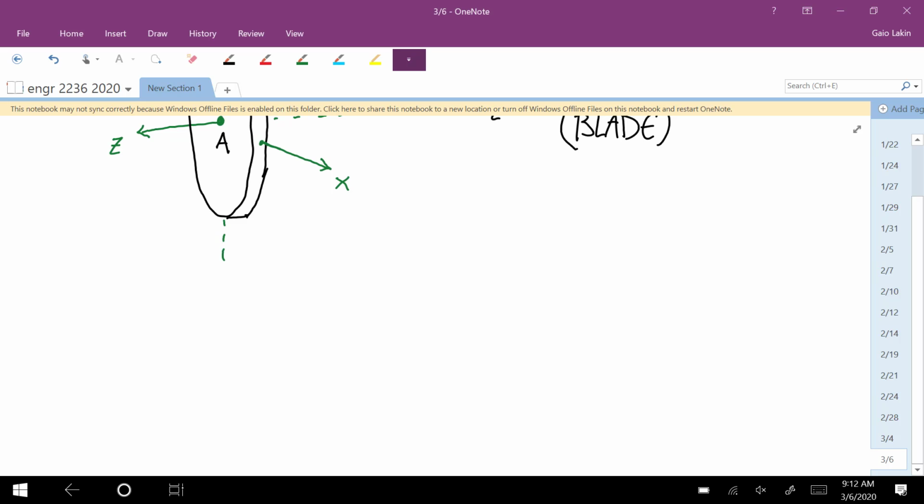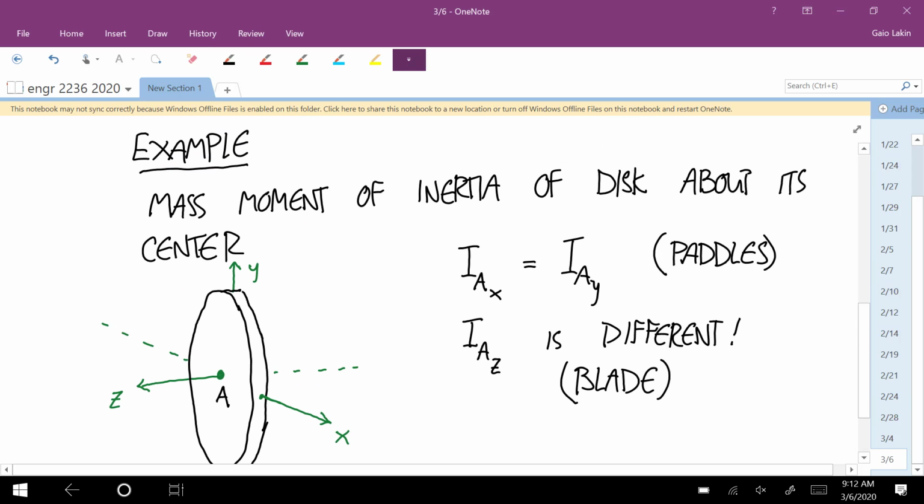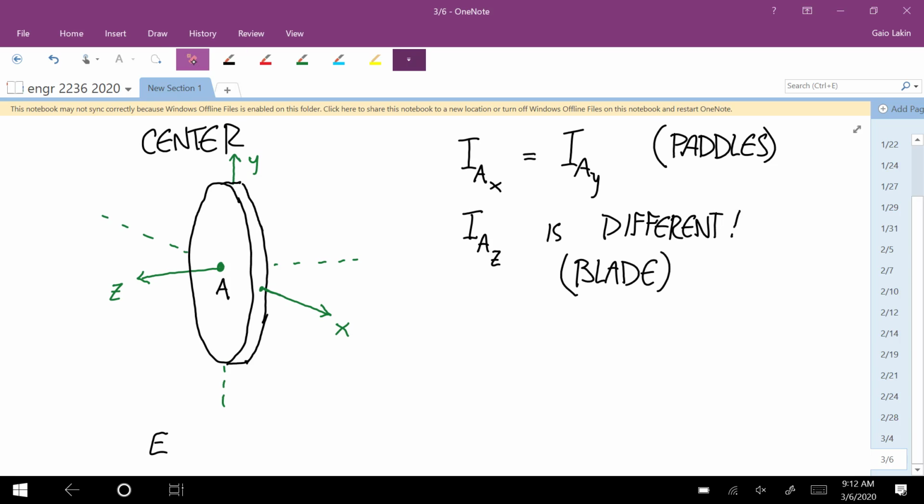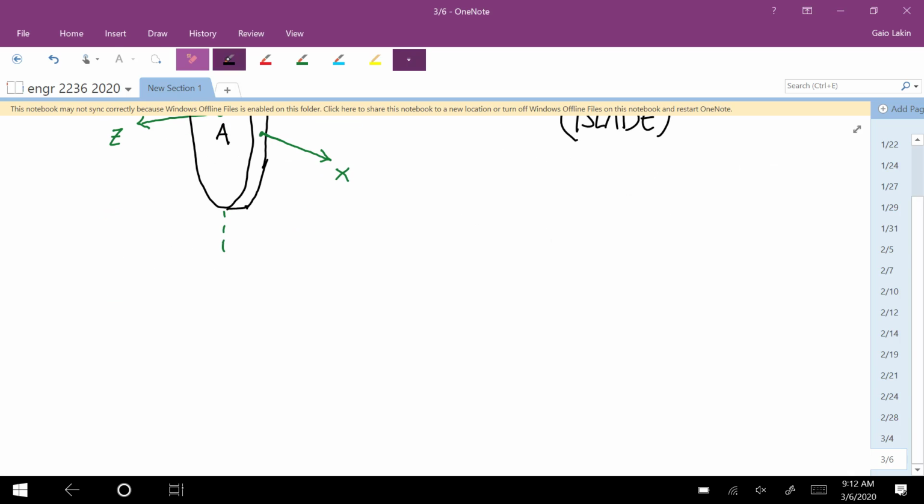Okay, so let's do the mass moment of inertia where A is the about point, about that axis z, and we're going to use this definition: over the whole mass, r squared dm.